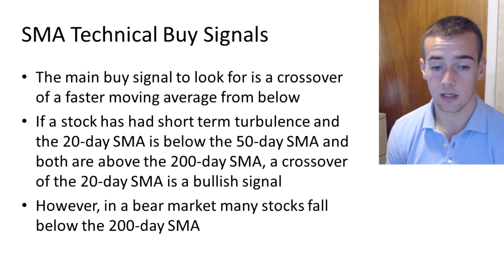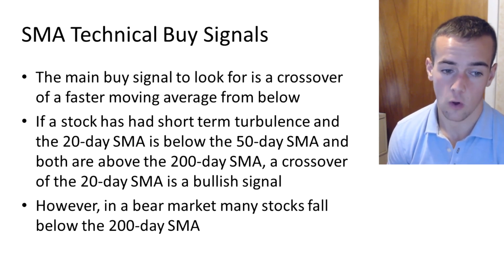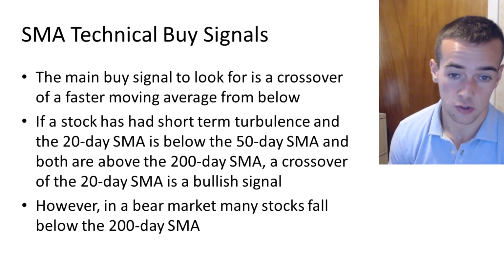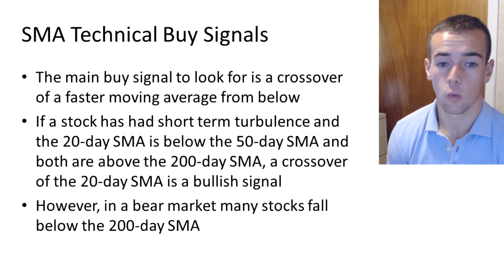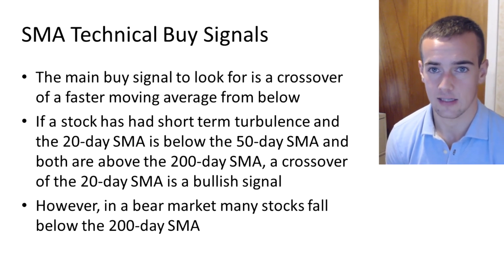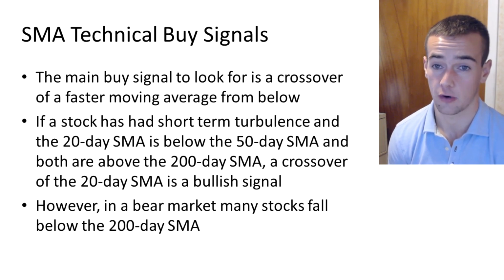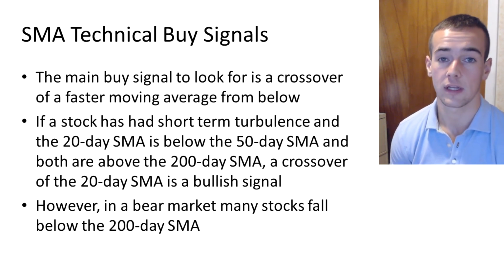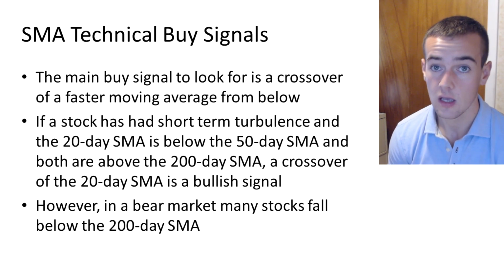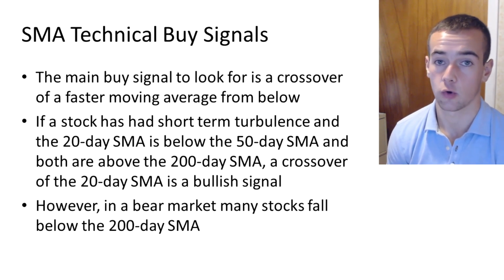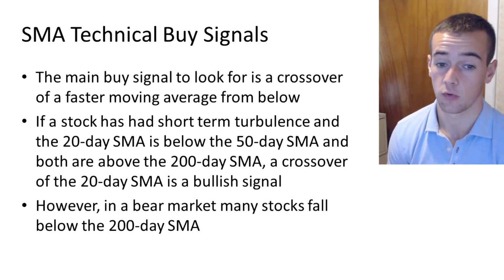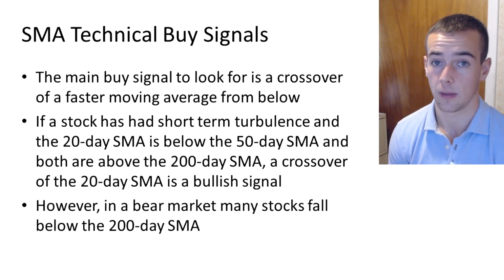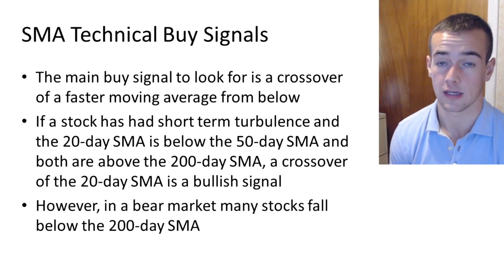However, in a bear market, you do need to remember that many stocks will fall below the 200-day simple moving average due to the market correction. So what I'm saying by this is, if you're looking at a stock and your simple moving averages are not in order, so maybe the 20-day simple moving average is below the 50, but you eventually see the 20-day crossing above the 50-day simple moving average, that is a good buy signal based on the simple moving averages. That's a good indicator to see.